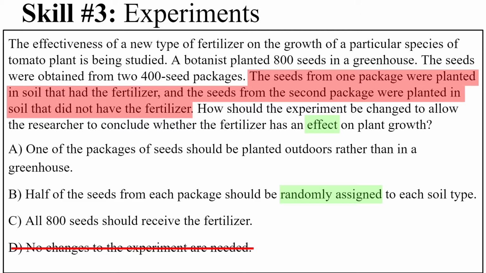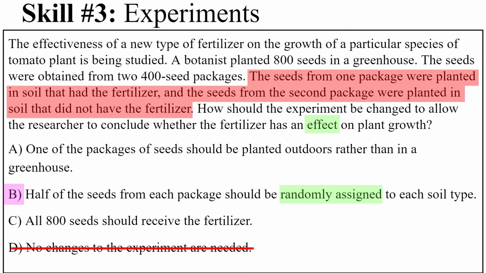Oh, this answer choice says randomly assigned. It straight up says it. So that's the answer. And notice how it says half of the seeds from each package should be randomly assigned to each soil type. That makes sense because then you'll have an even blend of the seeds from each package getting the fertilizer, getting both treatments, right?